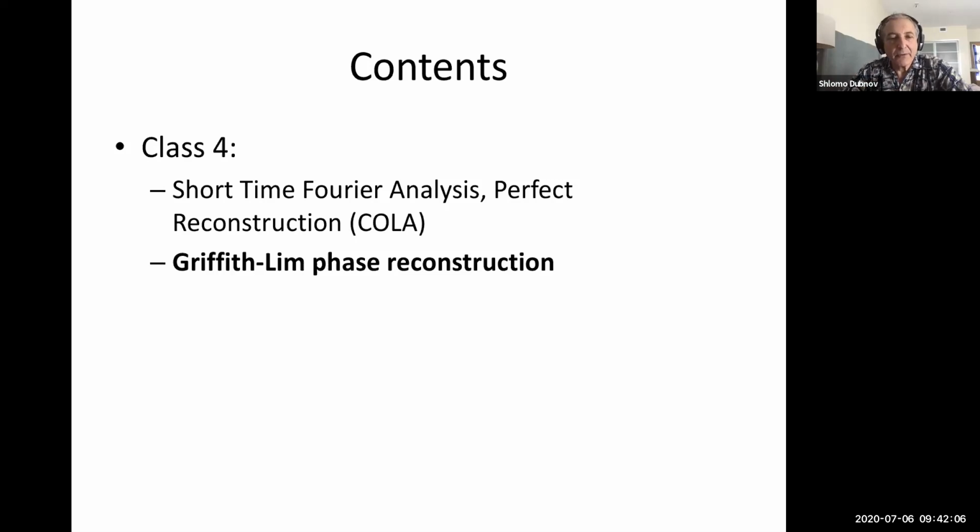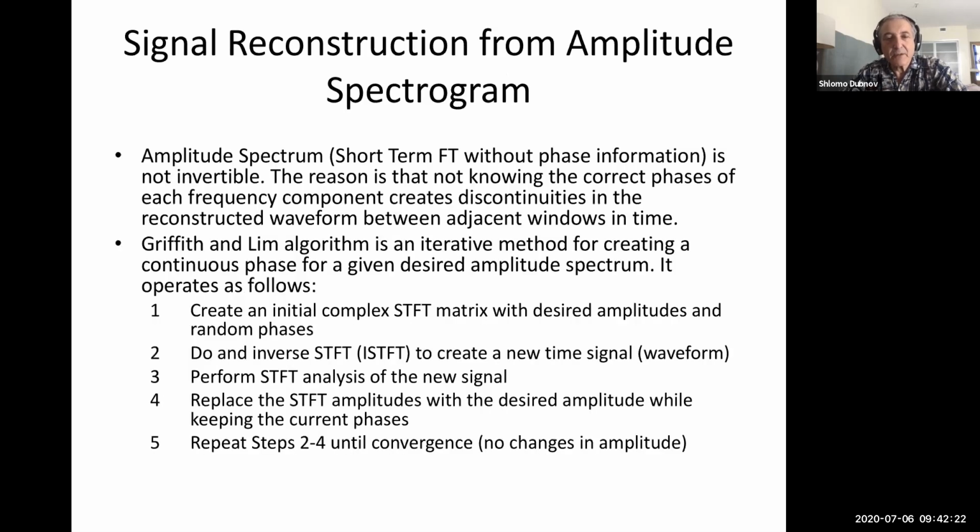So I will run this without a pause, and I'll take questions about both topics together. In the assignment, you're asked to implement the Griffin-Lim phase reconstruction. One thing to keep in mind is that everything we did before assumed that we had the phases, and then we could use the inverse DFT to recreate the signal from the frequency.